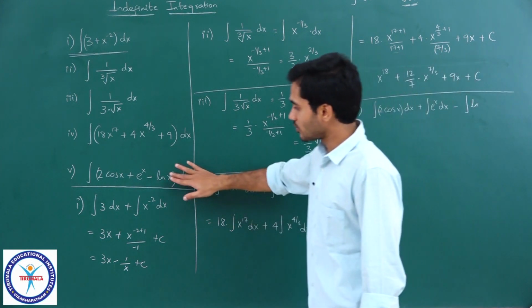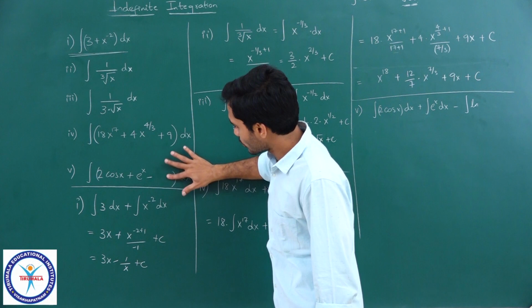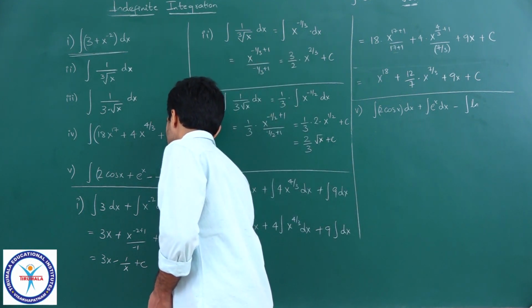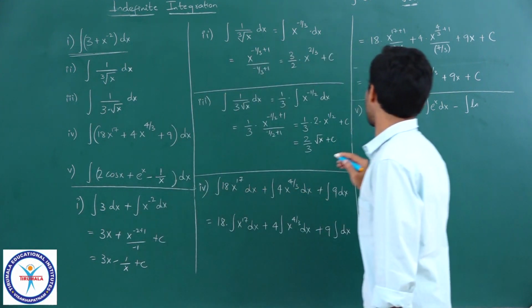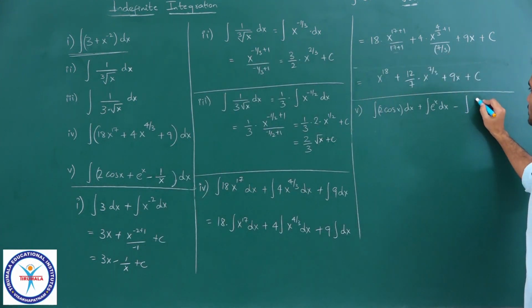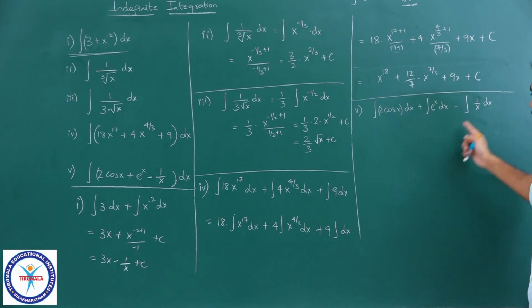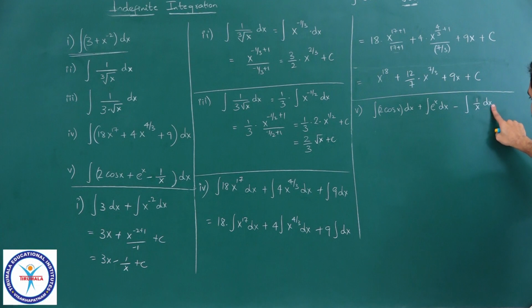So, students, this is something which you do not know. So, do not worry about this, I should not have given this. So, let us take 1 by x dx, right. So, this is the value which we need to calculate.